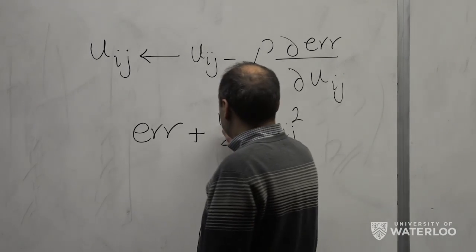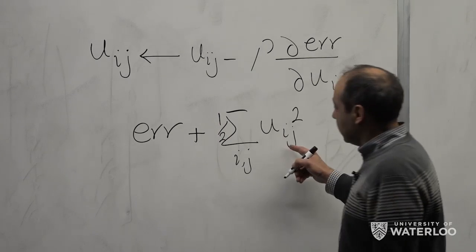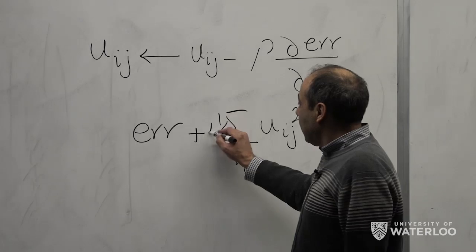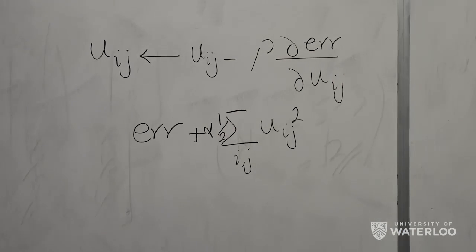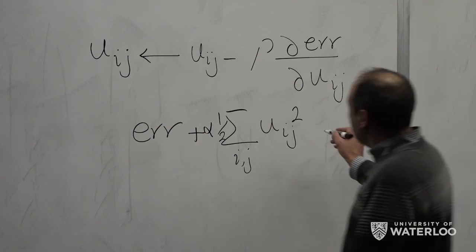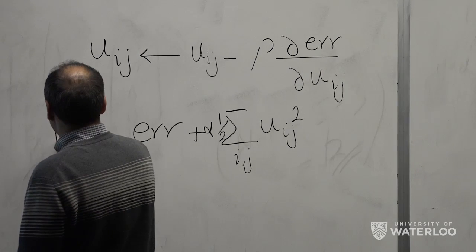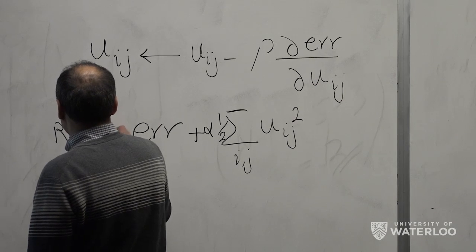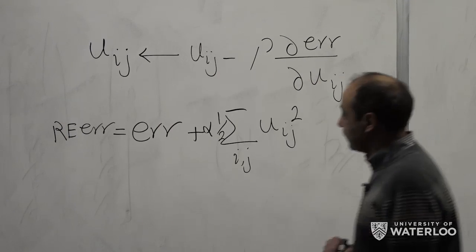I can add 1/2 here, because when I take the derivative, this 2 and 1/2 will cancel, and I can add a coefficient alpha here. So that's my new objective function, which I call the regularized error instead of the error.